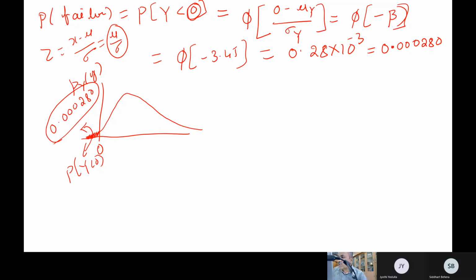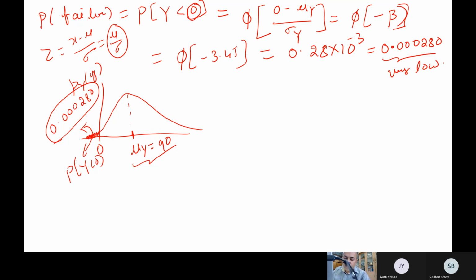You followed, right? So the chance of the beam failing is very small. This is how you can interpret it. Suppose this probability were 0.5 or 0.6, then definitely the beam would collapse. So this is the mean value, 90, and if you want to draw it pictorially, this is the probability density, and we have found this area.